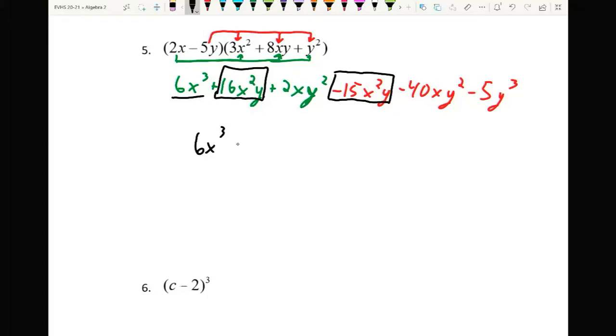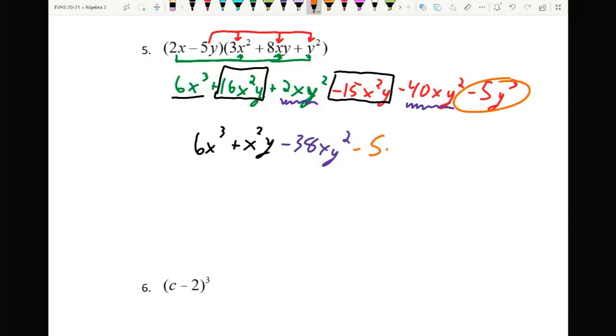Means I will just have a positive 1x squared y. Now, for this 2xy squared, here I've got a negative 40xy squared. So that gives me negative 38xy squared. And then my lone one on the end here is minus 5y cubed.